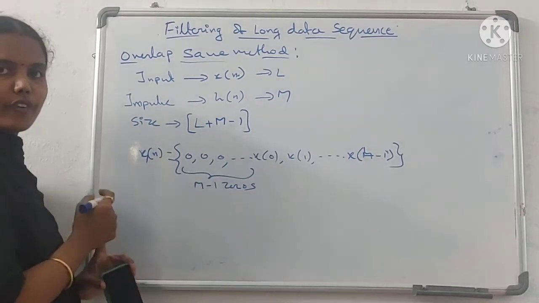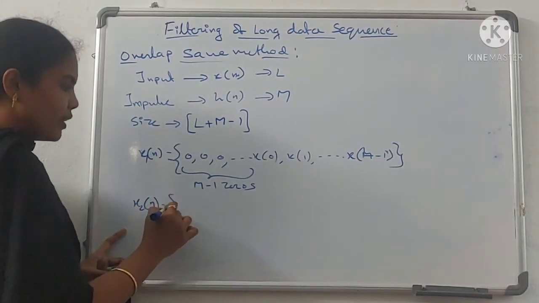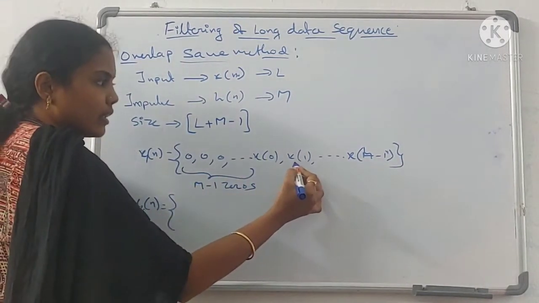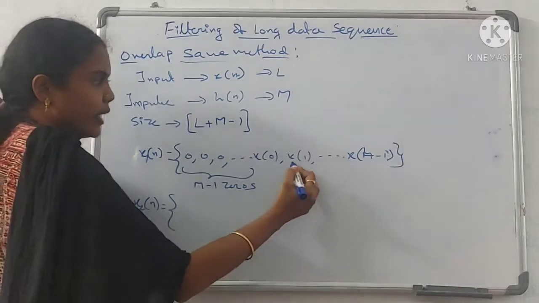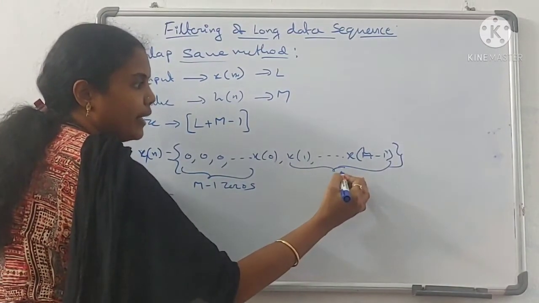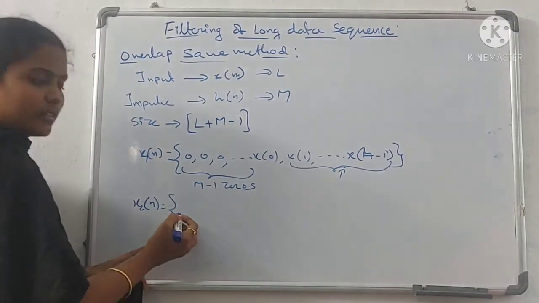This is one block of data, and the second block of data is taken from the end of the inputs.